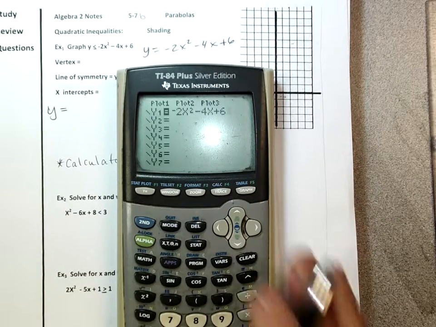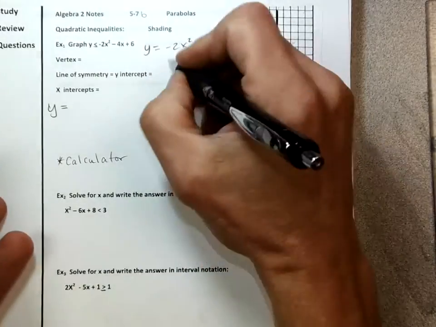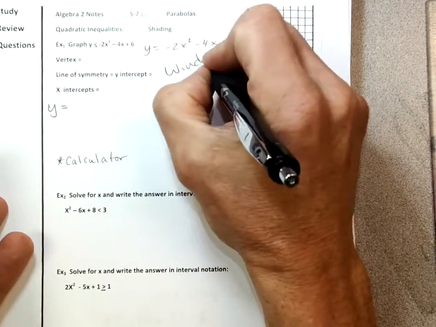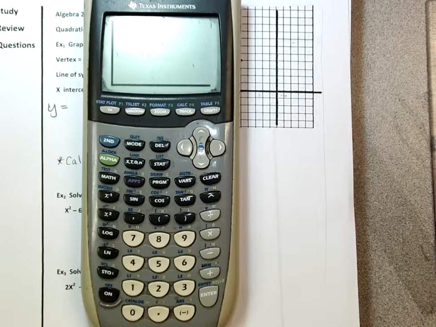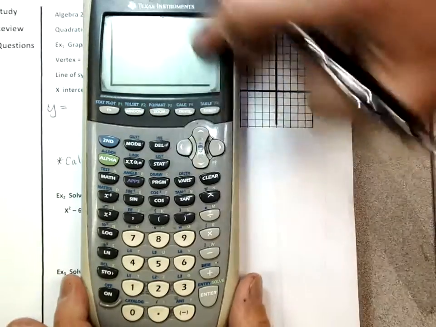Now, the next thing that's really important in doing this is the window. The window. You see, if I were to put a graph right now on my calculator, I don't even see it. Somebody has made my axes so big that I can't even see my graph on it. So I need to fix this window here.